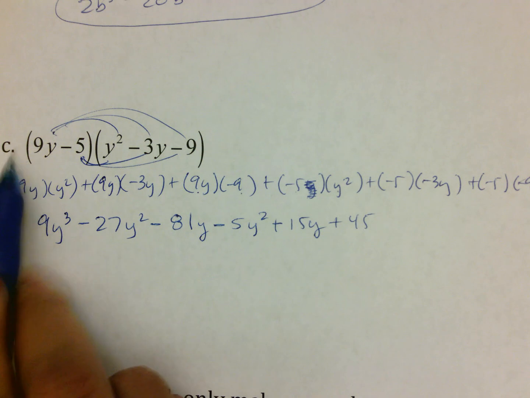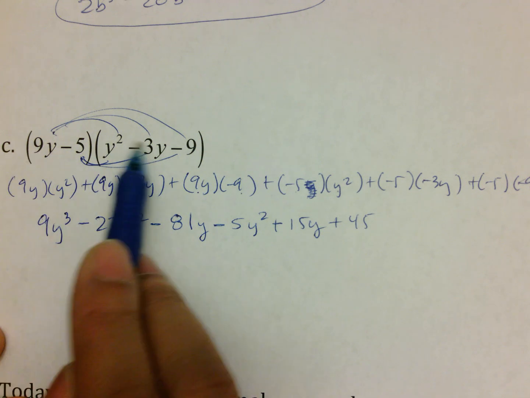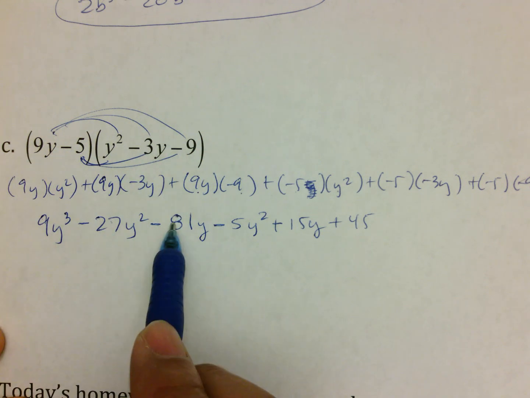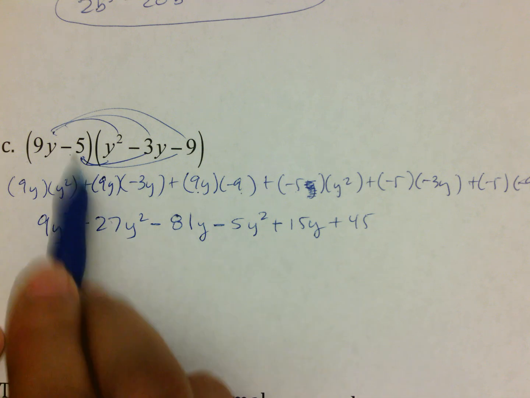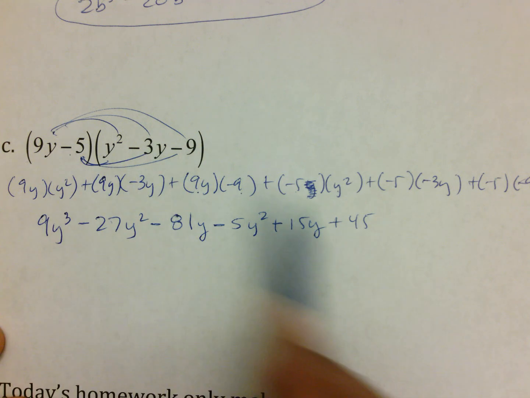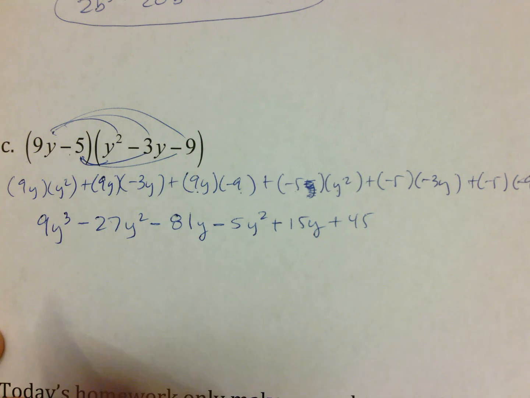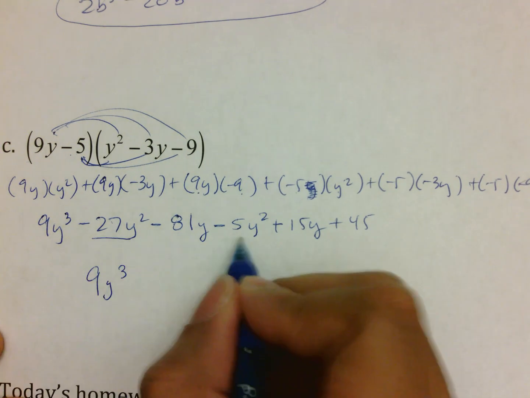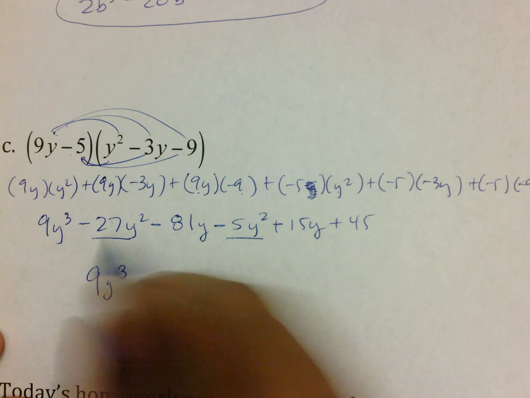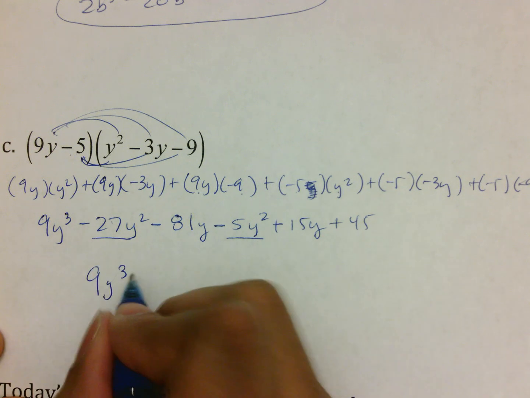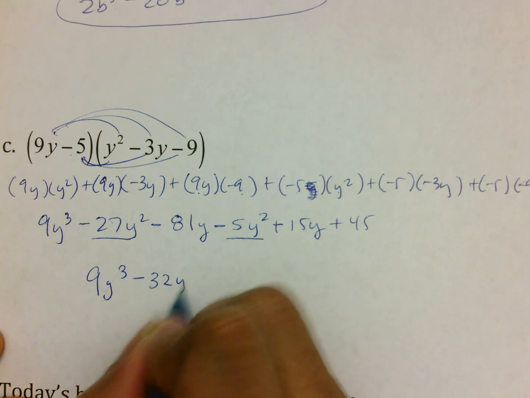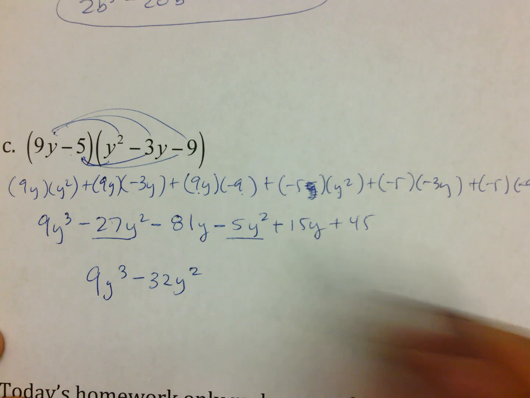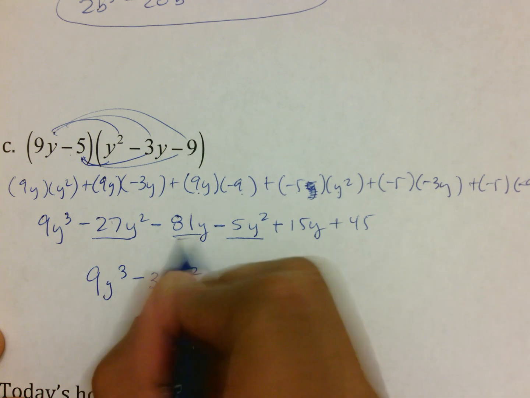So again, just kind of checking that. That should be 9y to the third. That should be negative 27, negative 81. Just checking the numbers. Negative 5, positive 15, positive 45. Now we put it in standard form, so 9y to the third first. Y squared's here. Negative 27, negative 5 make negative 32y squared because they both work together since they're both negative.